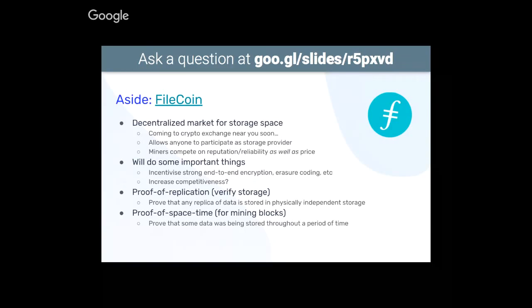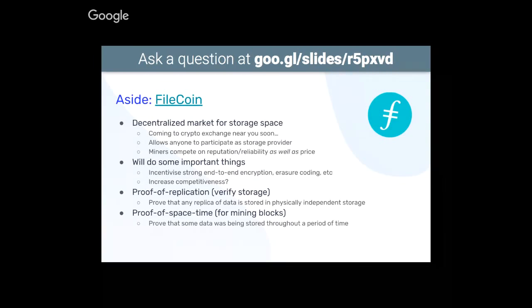The Filecoin system is a decentralized market for taking advantage of unused hard drive storage space. And their ICO already came and went, so you're a little too late to get on that. But they are quickly moving towards a working test net, so that developers can actually start testing applications on top of this decentralized storage system.